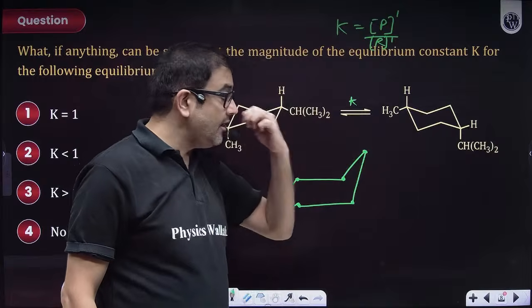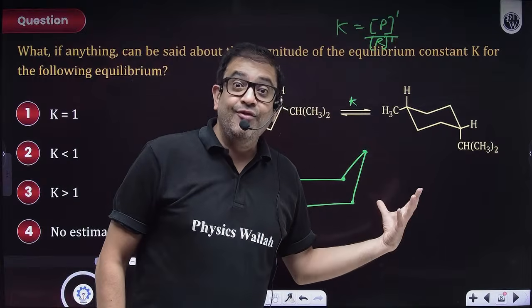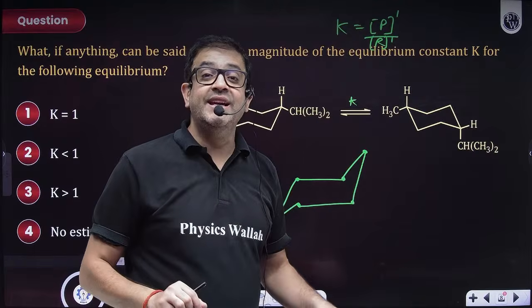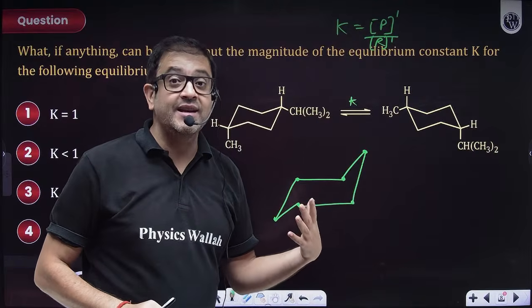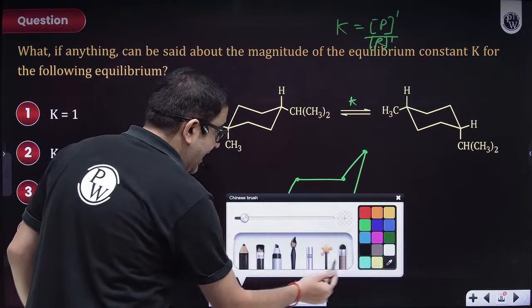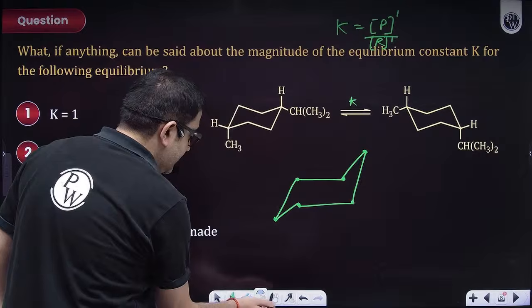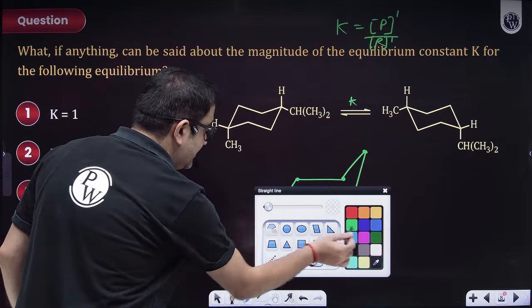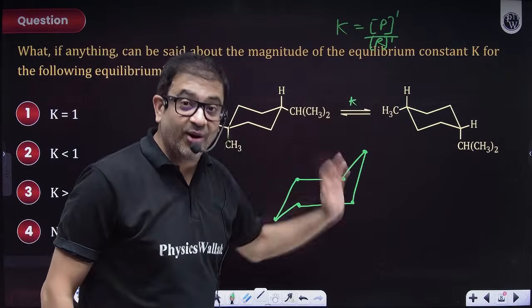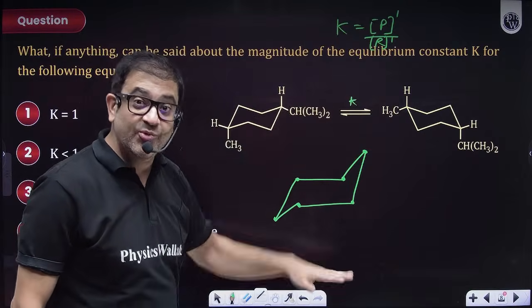Now, sir, this chair form also has some van der Waals and torsional strain. How? Because it has two types of bonds, one axial and one equatorial. How to draw those axial and equatorial bonds? Sir, we just stand on these carbons and go top, bottom, up, down, up, down.